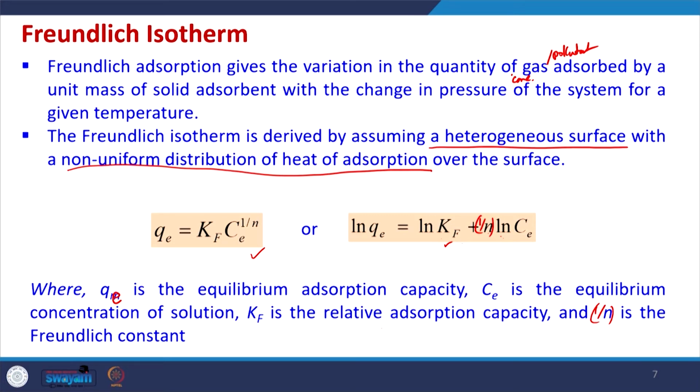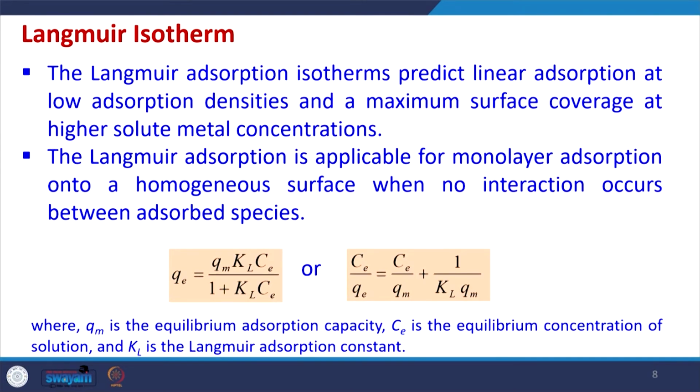Going further, there is another model which is most commonly used, called the Langmuir isotherm. The Langmuir adsorption isotherm predicts linear adsorption at low adsorption densities and a maximum surface coverage at higher metal or solute concentration.